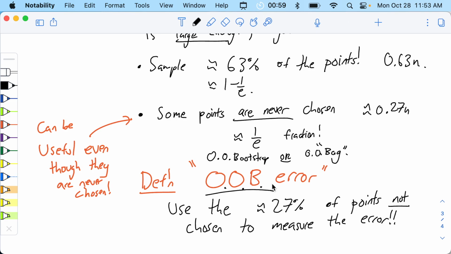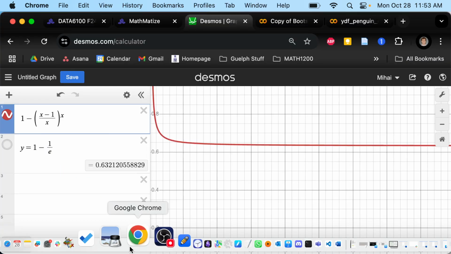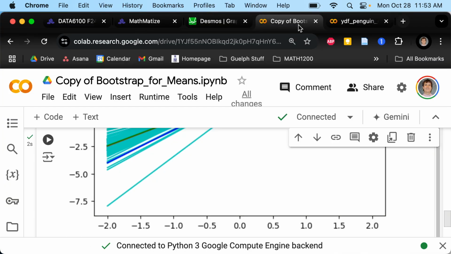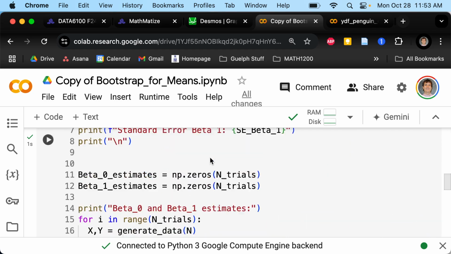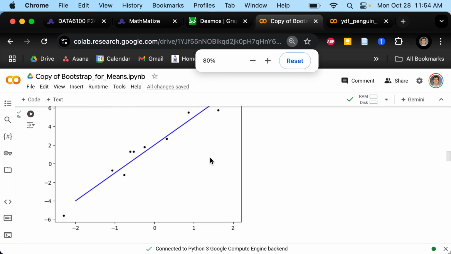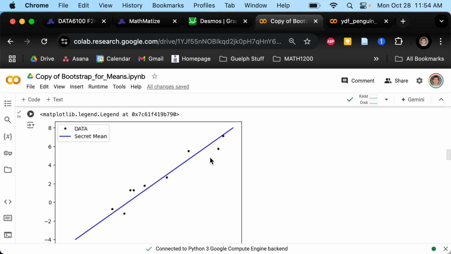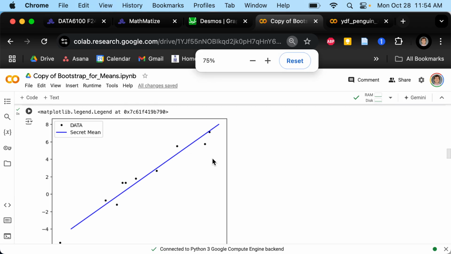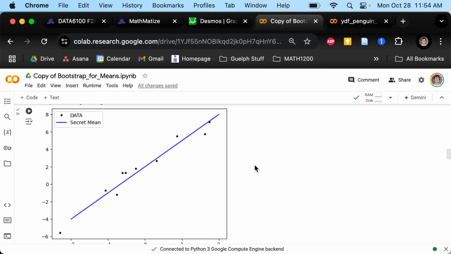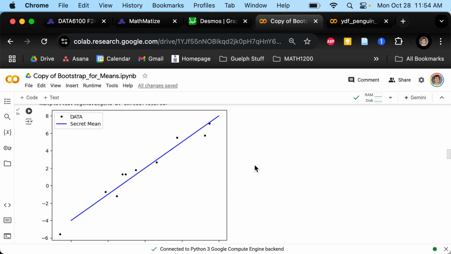So let me show you bootstrapping on the world's simplest example, which is doing it for linear regression. This is bootstrap for calculating some linear regression quantities. We have a secret mean function, something we've seen a few times now. This blue function is not known to us.